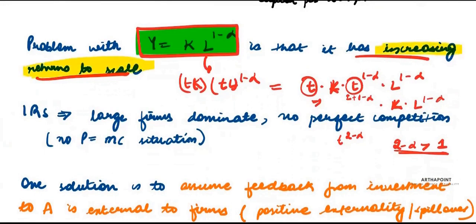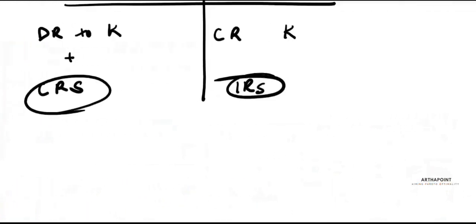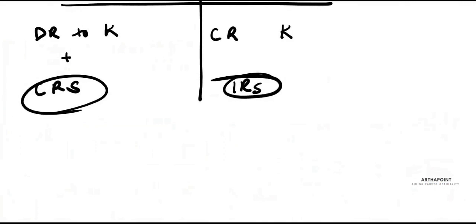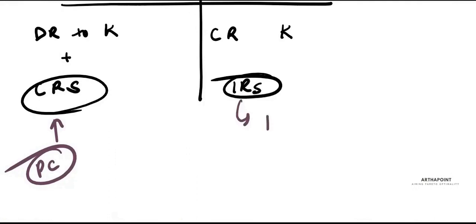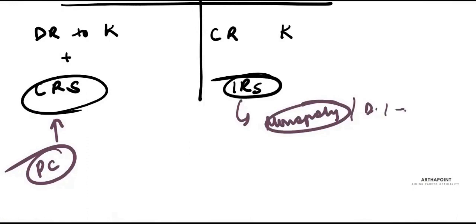But one issue here in the AK model is that if it is increasing returns to scale, then this can only be there with large firms that dominate the market. If we want many firms to exist, that can only exist under CRS. Only under CRS can we have perfect competition. But if we have IRS, we will have a situation close to monopoly, duopoly, oligopoly, so there are few large firms in the market.